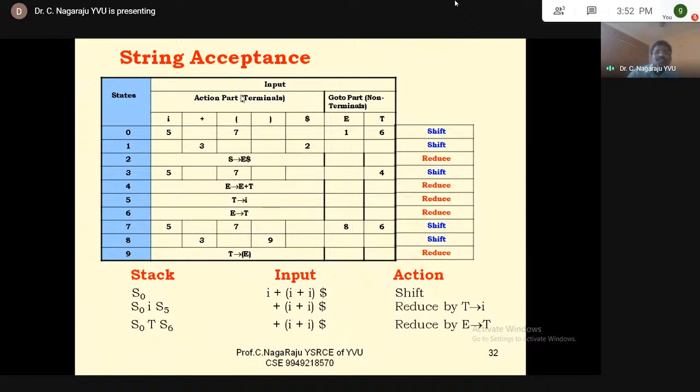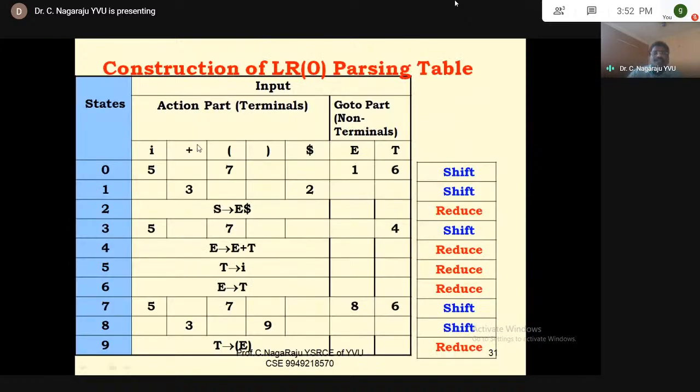But here this input part is called the action part. Up to this one is the action part, and this table is the go to parse table. So you see that it is an action part and a go to part of the table. But how are we constructing the action part?